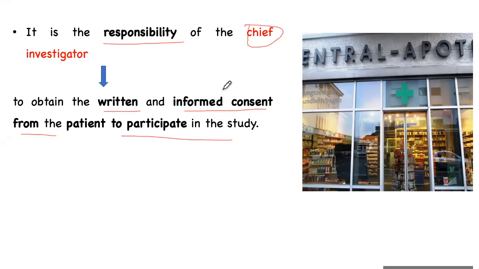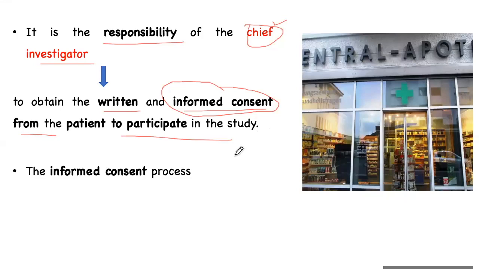Now, suppose during the review or the inspection, it has been observed that informed consent has not been taken. Then who should be held responsible? The chief investigator. So the chief investigator must be held responsible if any document is not being maintained. Okay, so the chief investigator plays a very important role.